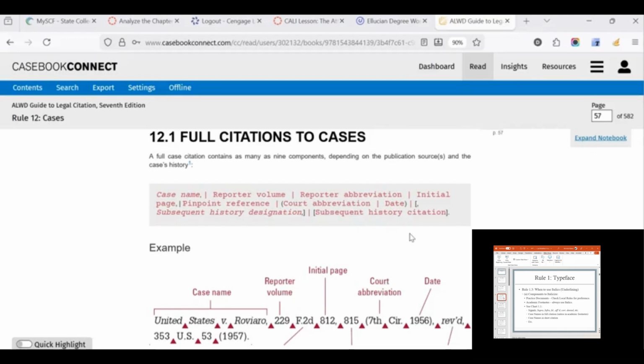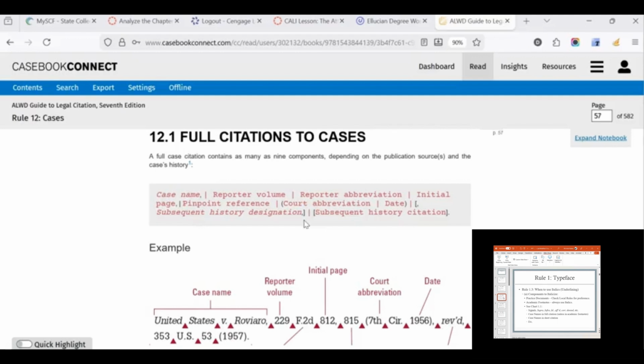In the formula and in the gray section, everything is pretty much ordinary type except the case name is italicized. And also the subsequent history, but we're not going to worry about the subsequent history.